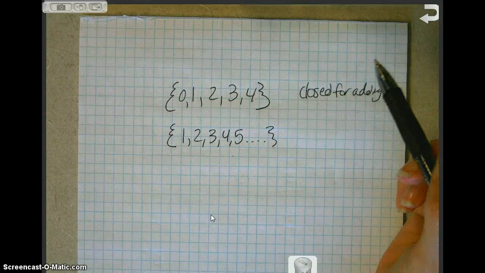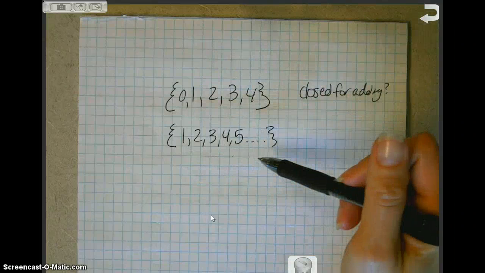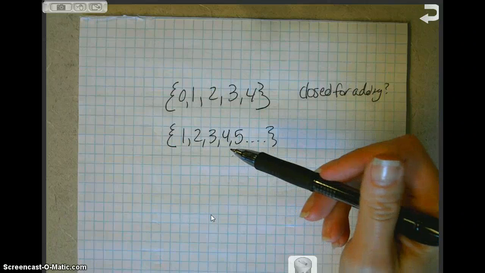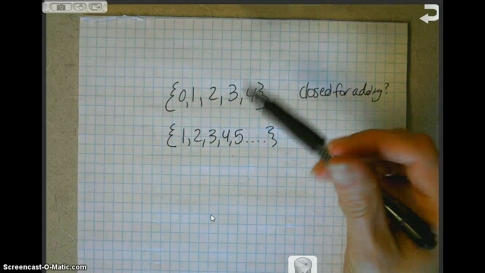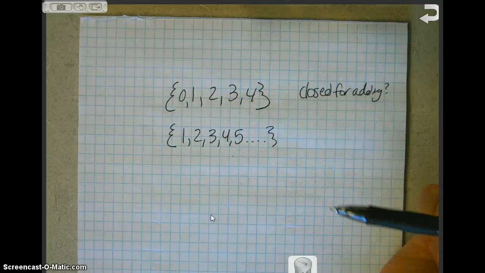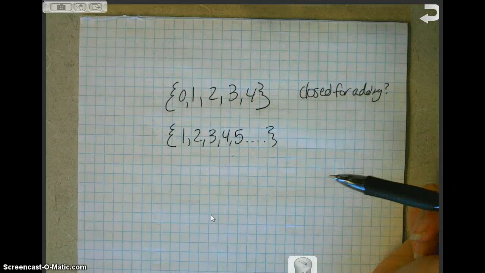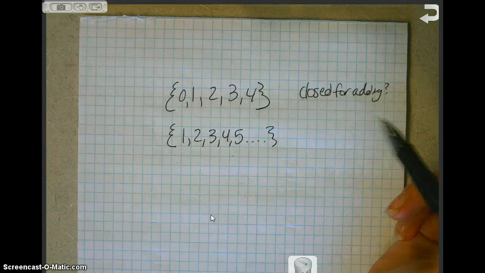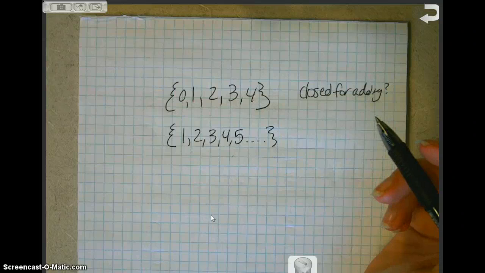You could ask the question, is this set closed for subtraction? Take any two numbers here and see if your result is going to be within the set of the natural numbers. Well, it works for some of them, but what if you choose to subtract 4 minus 5? You get negative 1. That is not a natural number. So you can ask all manner of questions about whether a set is closed for different operations.